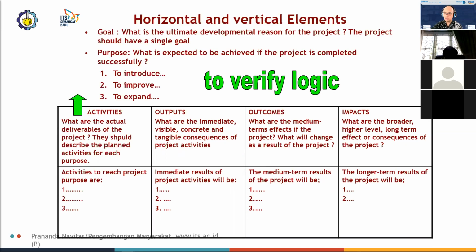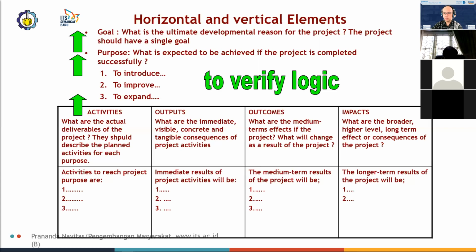So what you need to do is verify whether the activities that you're proposing actually introduce, improve, or expand, so that the activities can actually help to achieve the project purpose, and ultimately the purposes would help to achieve the project goal.